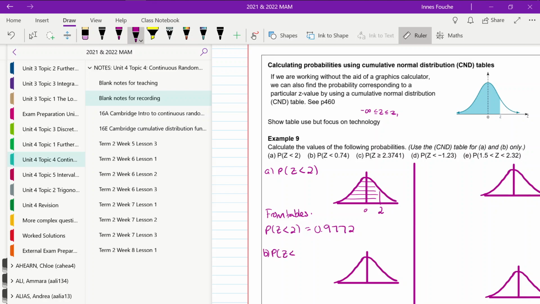Let's try one more. Probability of z being less than 0.74. Now remember, that's going to be still to the right of my mean of 0, positive 0.74. And these aren't scale diagrams, they're just illustrative diagrams that show that you understand which part of the graph you are working with.